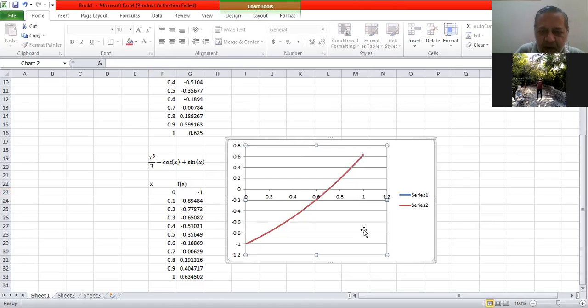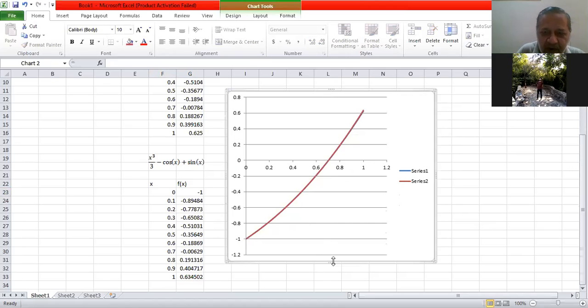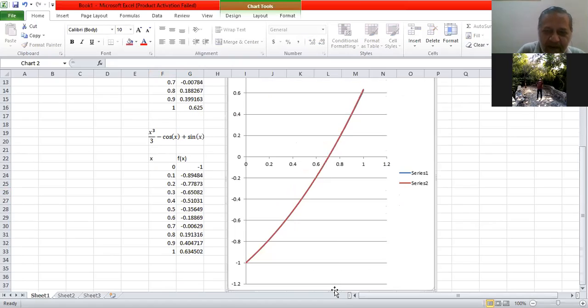And you see that the exact solution has gone exactly over the approximate solution. So we see that two functions that look very different from each other have an identical graph. मैंने y पर expand भी कर दिया, लेकिन blue line और brown line में कोई फर्क नहीं.